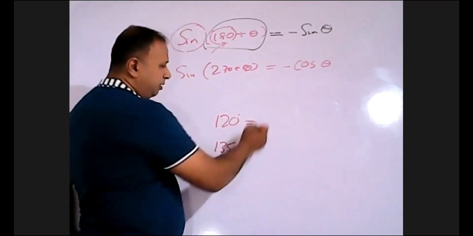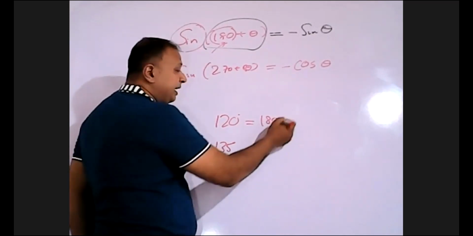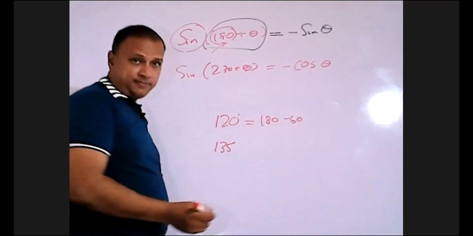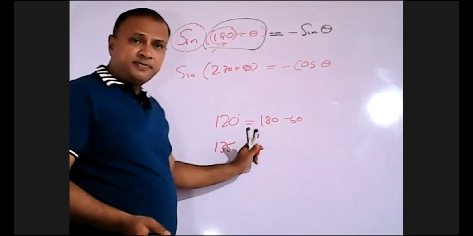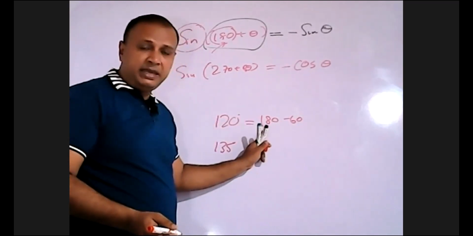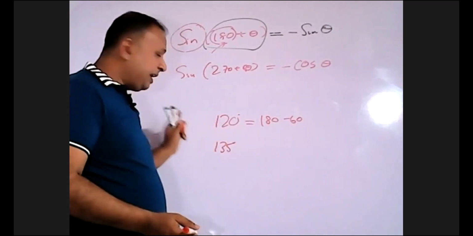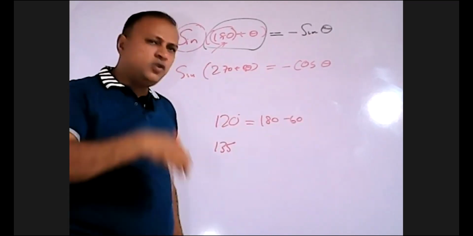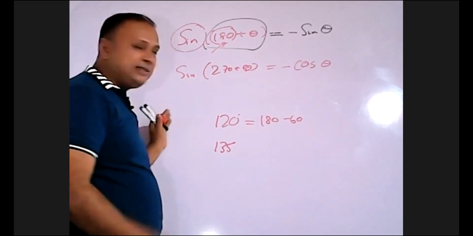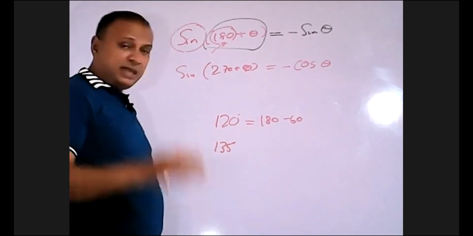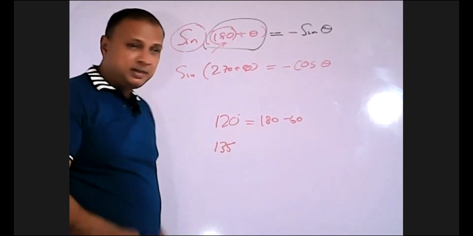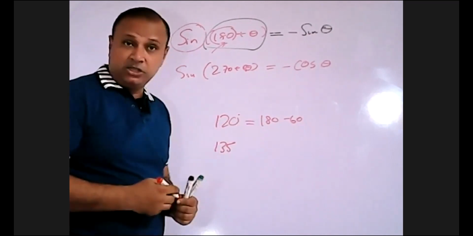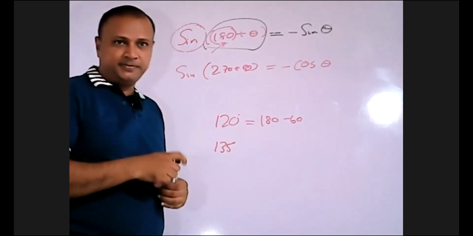That means this can be written as 180 minus 60. Because if this is an even multiplication, the trigonometric ratio won't be changed. You can use it as it is. Therefore, if there is no limitation, go with the even multiplication. It is very easy.